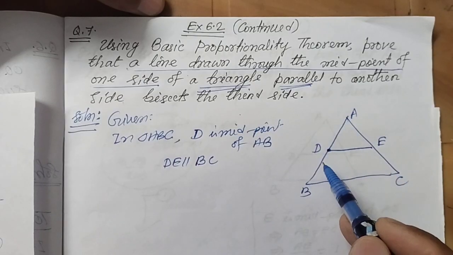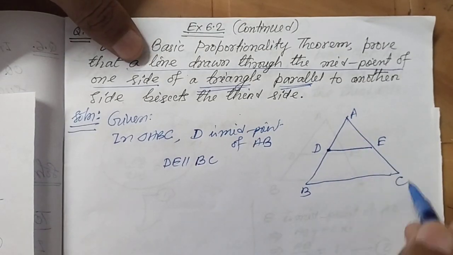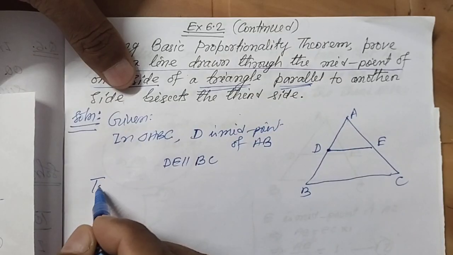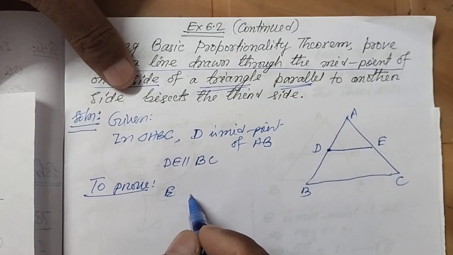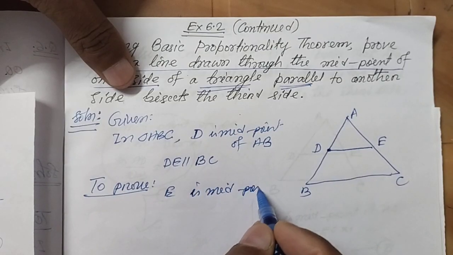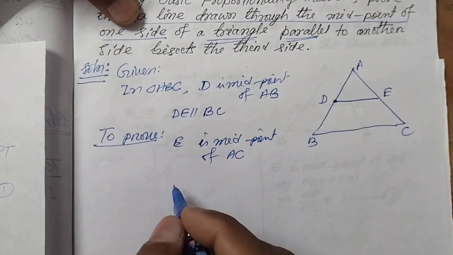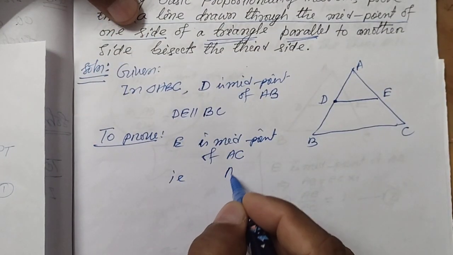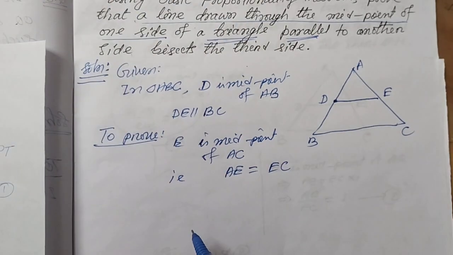If D is midpoint of AB, to prove that E is midpoint of AC. That means you have to prove AE is equal to EC.